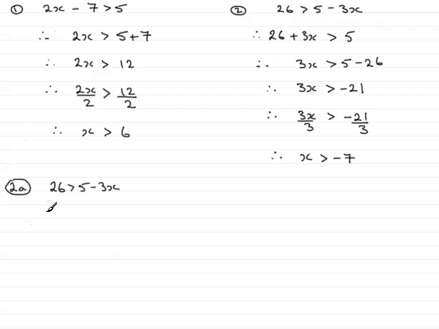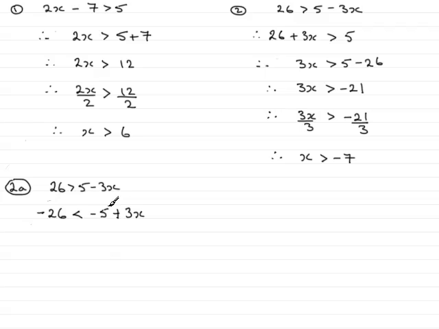If I did that, I would have minus 26 on this side, and on the other side I would have minus 5 plus 3x. But because I'm multiplying by a negative number, the inequality must be reversed. So I change that to a less than.